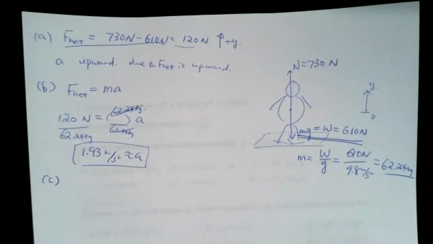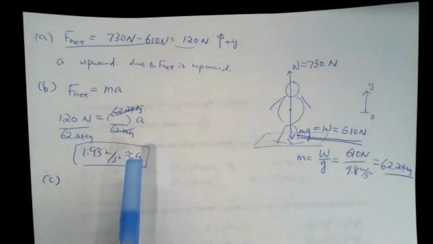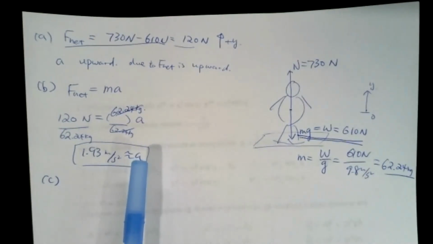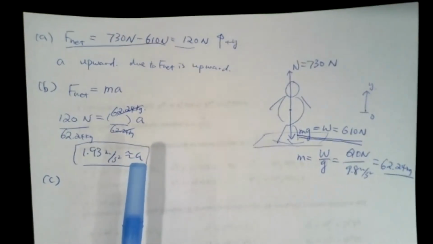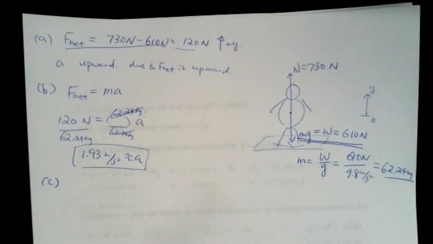Now in part C, I think the two responses I looked at originally had different answers on C. But here, you only know that acceleration is upward, right? You shouldn't be able to tell what the direction of velocity is, because velocity and acceleration do not necessarily share the same direction, okay? So there are two scenarios where you would have acceleration going up.